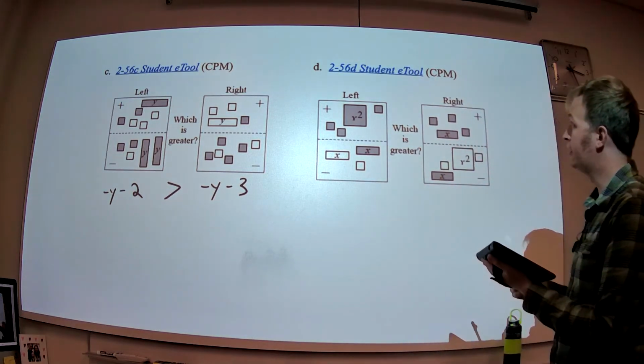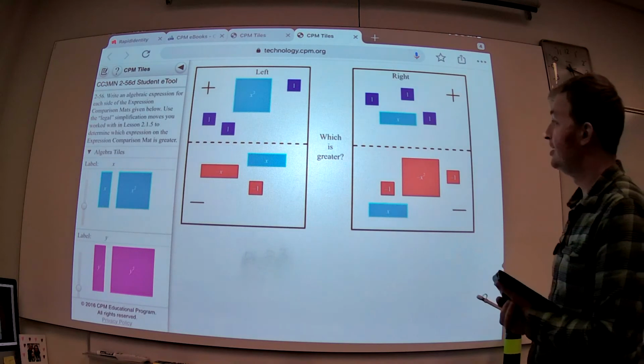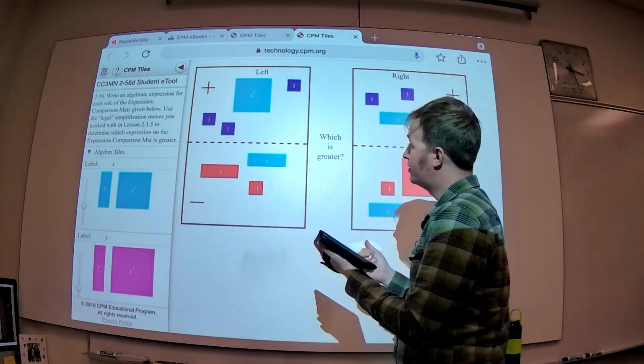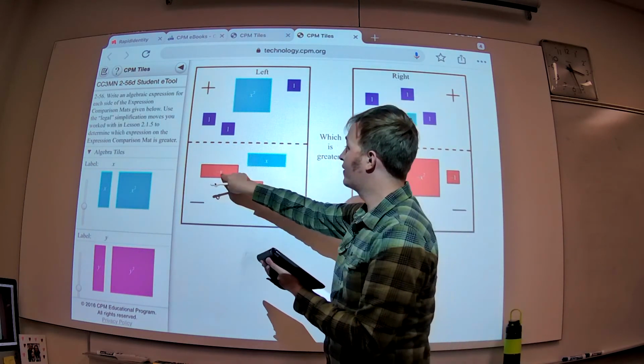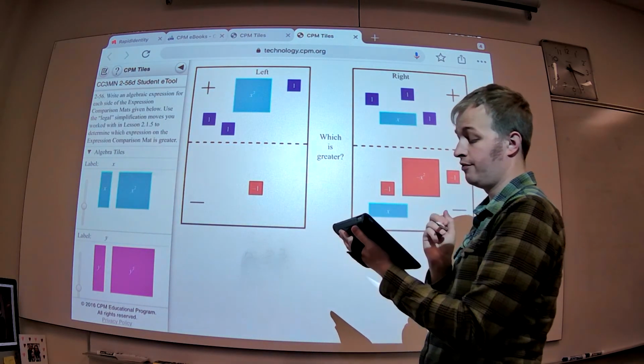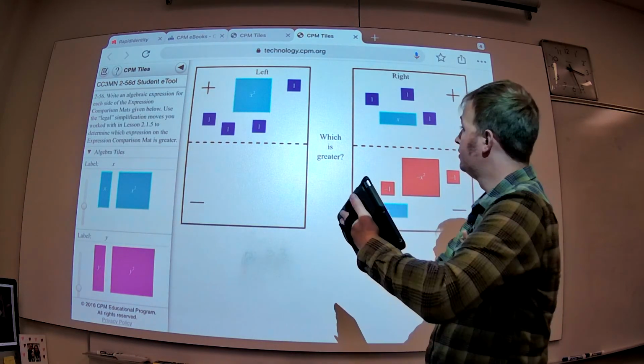Let's jump to letter D here. So I'm going to jump over to that E tool, and I'm going to do much of the same thing here. So let's see here. On my left side, I've got a negative x and a positive x in the negative side of the region. So I'm going to group those and remove. I'm going to flip up my negative 1 to make it a positive 1.